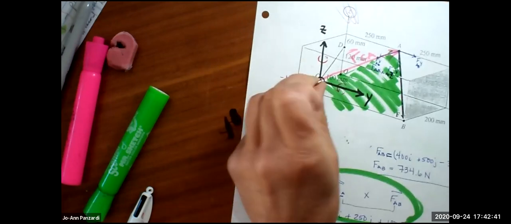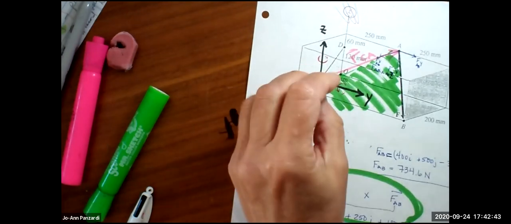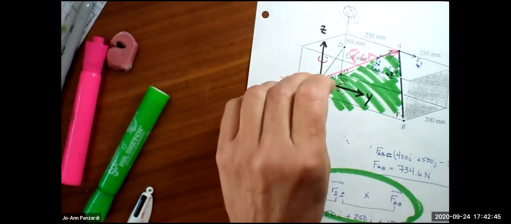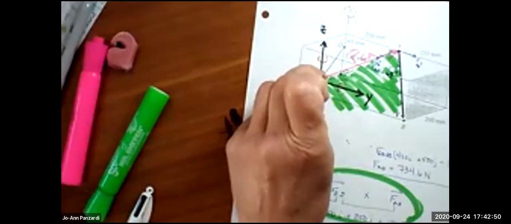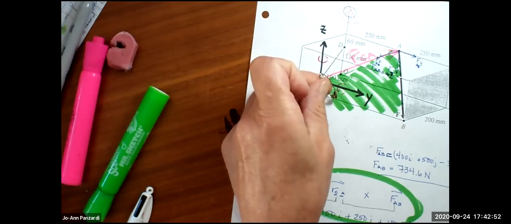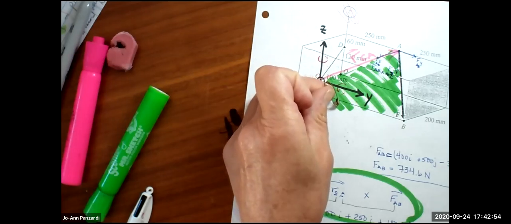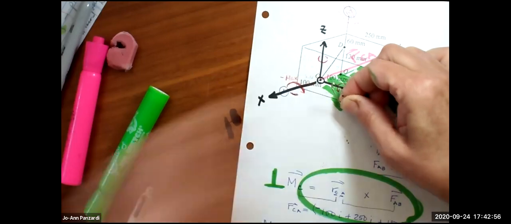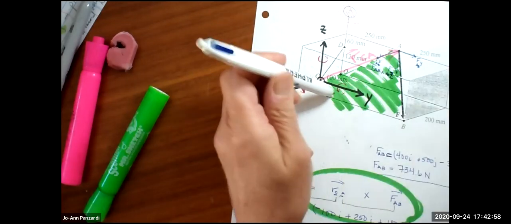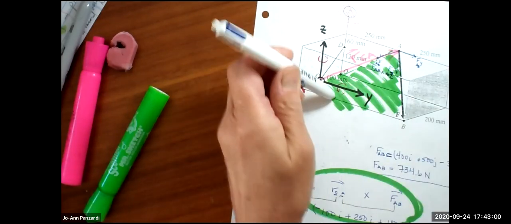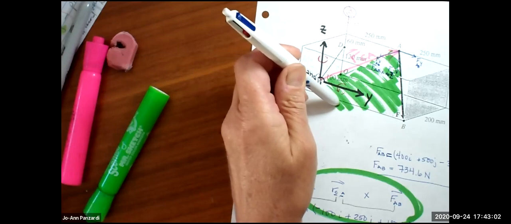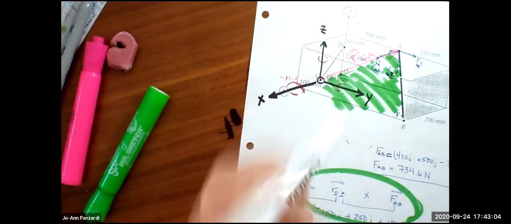So if I put the pin here, I know it's got to go into the page because it has a negative X, and a negative Z, so it's got to be down, but it has a positive Y. Maybe a pen would be better. So it's coming off this plane in that direction.